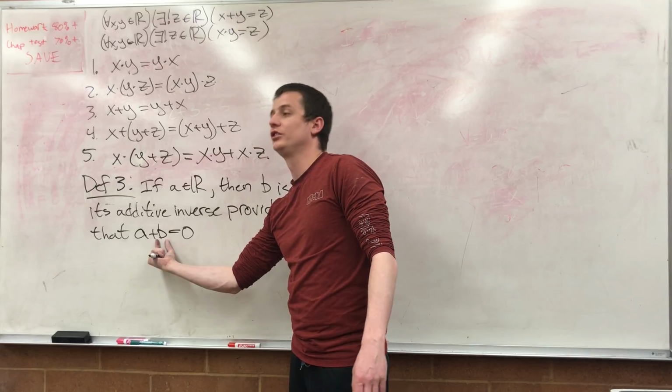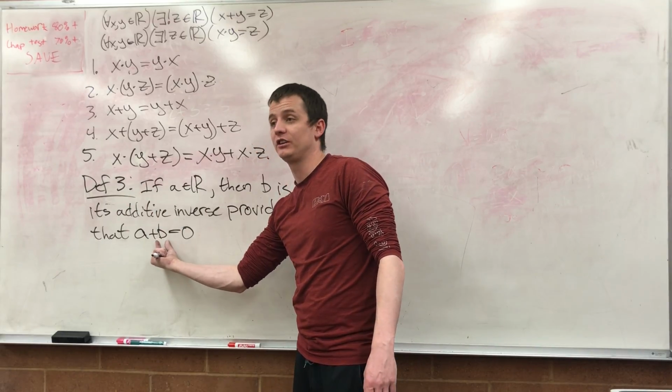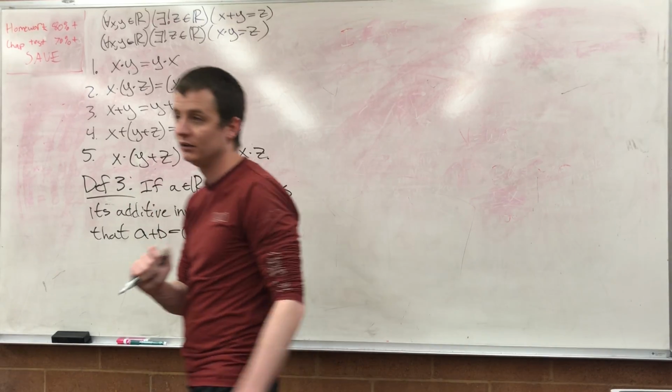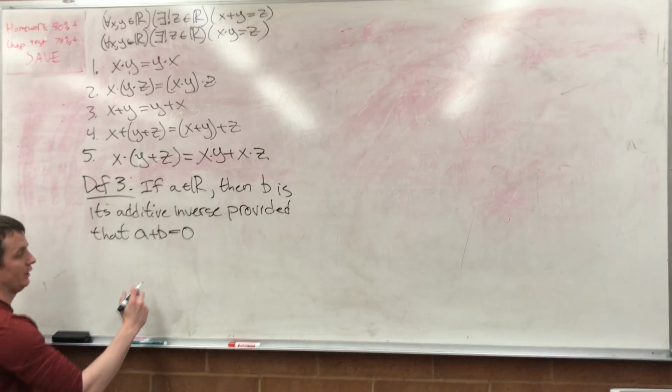And then we already proved before that there's one and only one additive inverse, and we came up with a symbol for the additive inverse of A. What's the symbol that we had for the additive inverse of A?